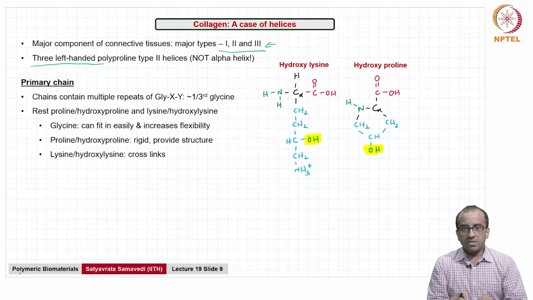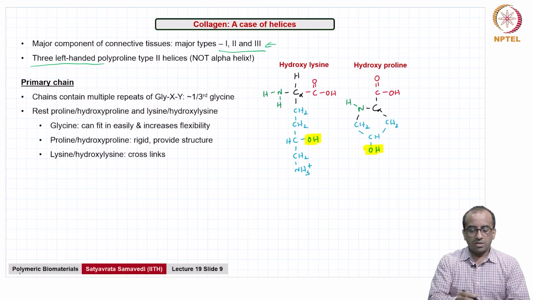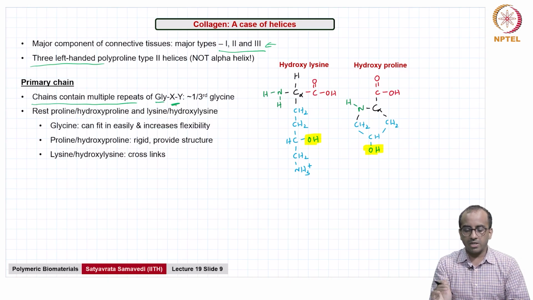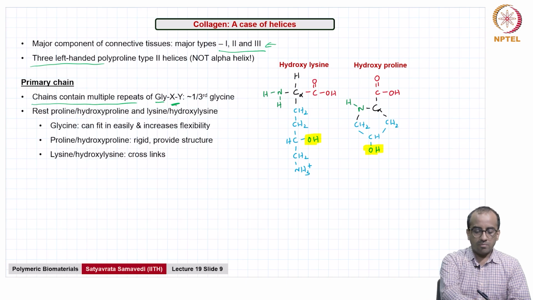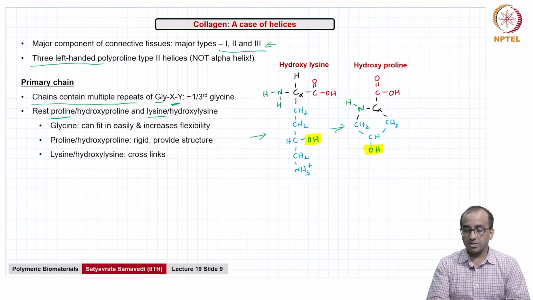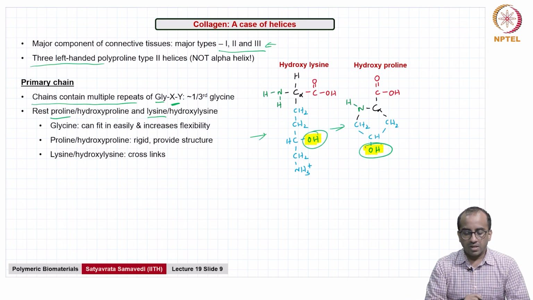From a primary chain perspective, collagen chains contain multiple repeats of glycine and this XY kind of a repeat unit where X and Y are typically proline, hydroxyl proline or lysine and hydroxyl lysine. And proline and lysine are naturally found amino acids. We are showing simply the hydroxylated versions here where the hydroxyl groups are highlighted in yellow.